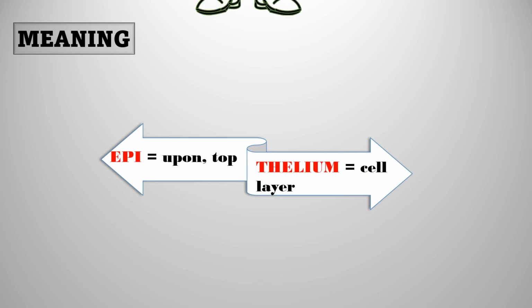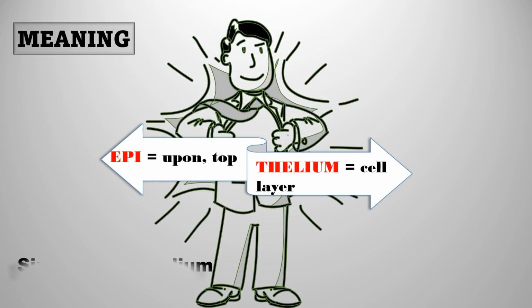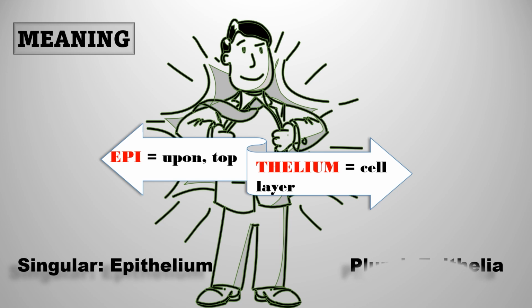Body tissues can be classified into four basic types according to their structure and function. And from here forward, I would like you to remember this statement: always, structure matches the function.